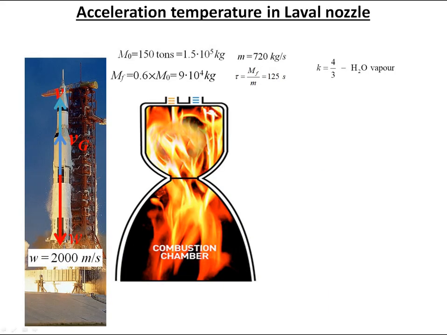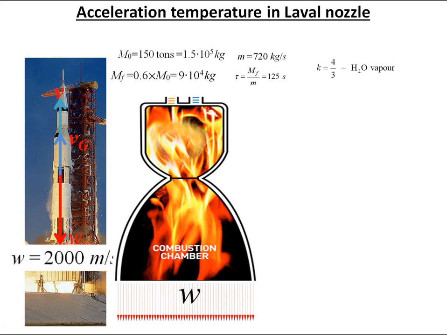I promise to calculate the velocity of exhaust gases in the first part of the rocket science video. 2000 meters per second is plausible, or maybe it is a very small value. The initial hydrogen and oxygen mixture flame temperature according to the manual is 2660 degrees Celsius.